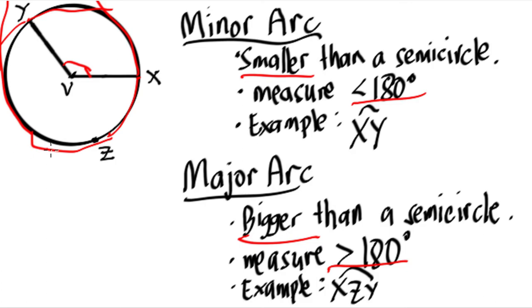As you can see, it's a major arc. It's more than a semicircle, half of a circle. Whatever the measure of arc XZY is, it's the same measure as the obtuse angle XVY in this form.